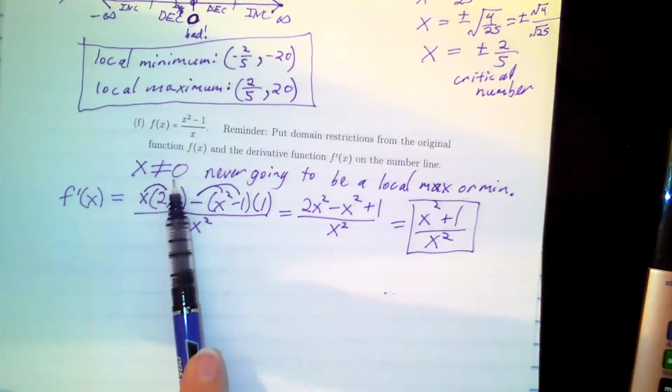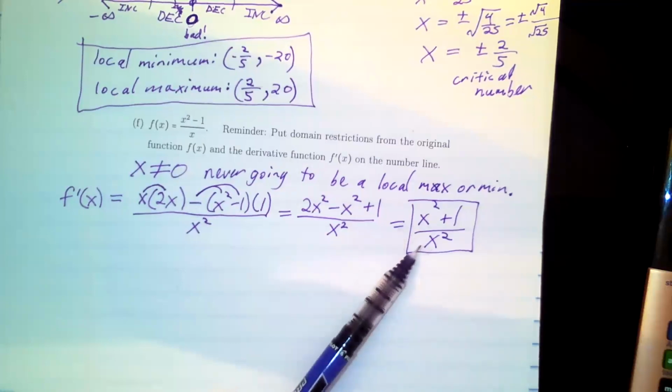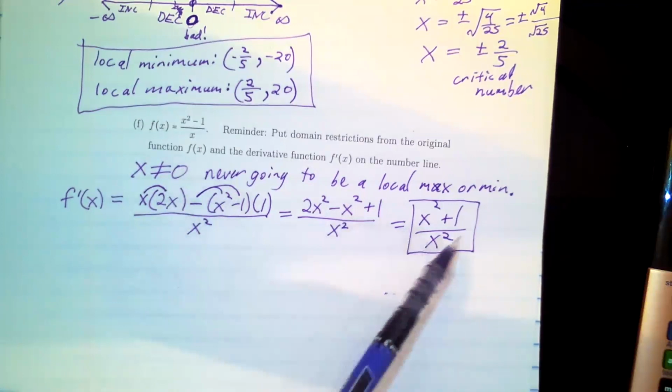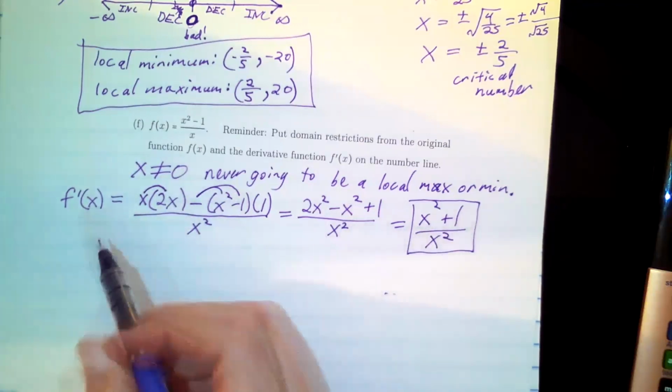So 0 does follow through and continues to be a problem for my derivative. And there isn't any other different x value that becomes the bad x value. It's still x equals 0. There's no other new ones. So since there's no new ones, there's no critical numbers from that angle, and there's nothing to comment on. So we move on.